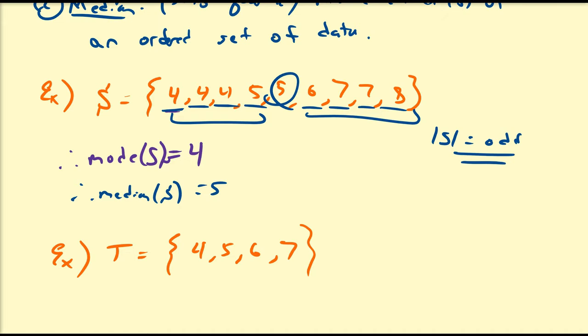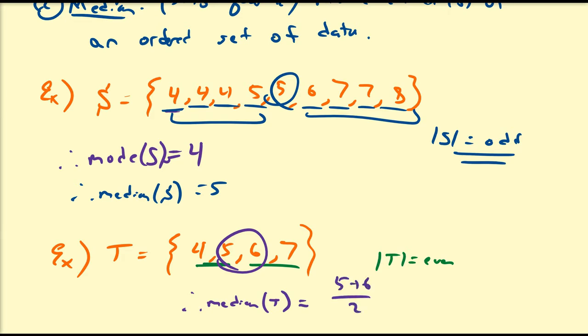For the median, notice that we have an even number of data values, so the size of T is even. In this case, we take the average of the middle two data points. So the median of set T is the average of 5 and 6, which is 5.5.